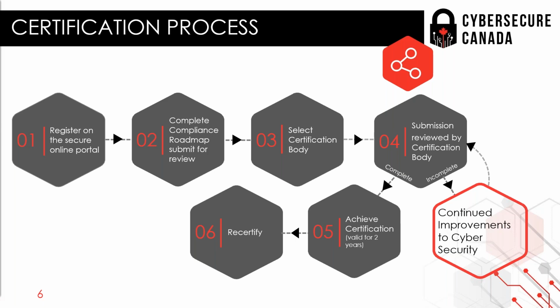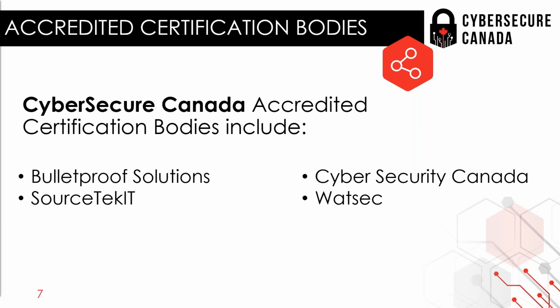They would then log in and review your submission and determine if there are any gaps or if you are ready for approved certification. If there are any gaps, they would ask for clarification or ask you to provide more evidence. And once certified, you would achieve certification for a 2-year period. After that time, you would recertify.